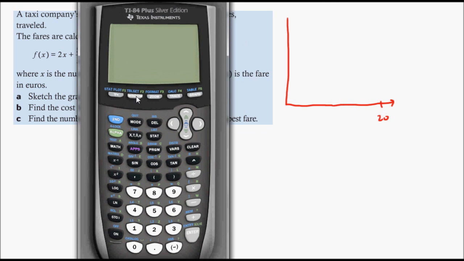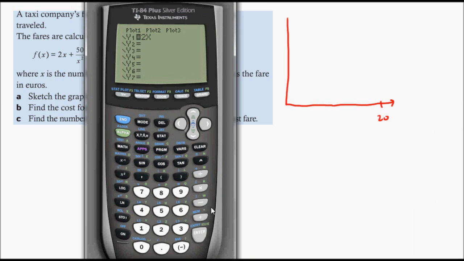So window, they want us to go 0 to 20. And I'm going to go y equals 2x plus 50 over x squared. So plus 50 divided by x squared, and I'll graph it and see what we got.